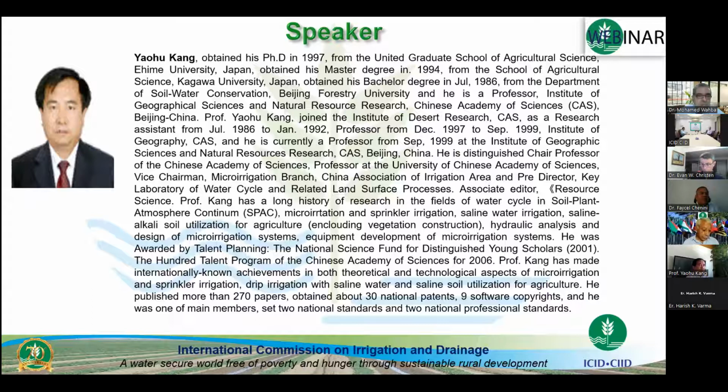For your kind information, Professor Yahoo Kang obtained his PhD in 1997 from the United Graduate School of Agricultural Science, University, Japan. He is a professor in the Institute of Geographic Science and Natural Resources Research, Chinese Academy of Science.